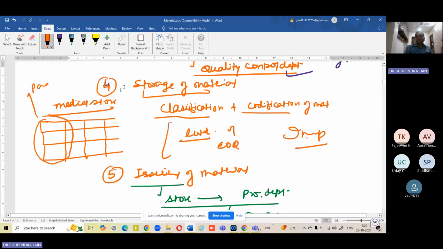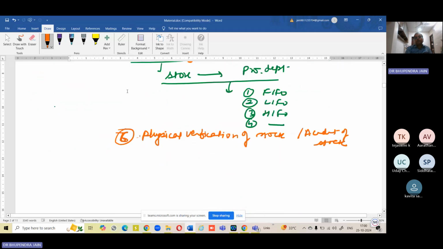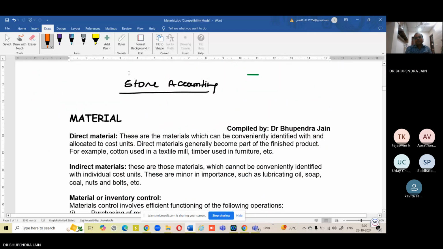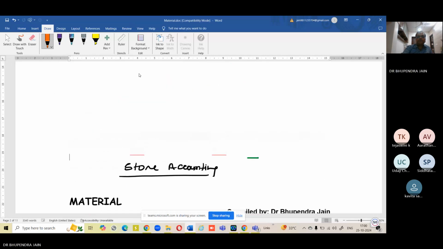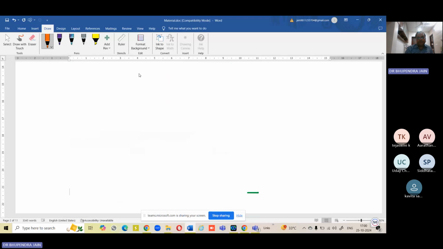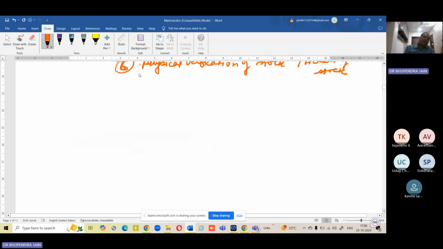Now I am focusing on the storage of material. For the storage of material, we should consider some levels of the material. But before the levels, I am just explaining one concept. This is called EOQ.